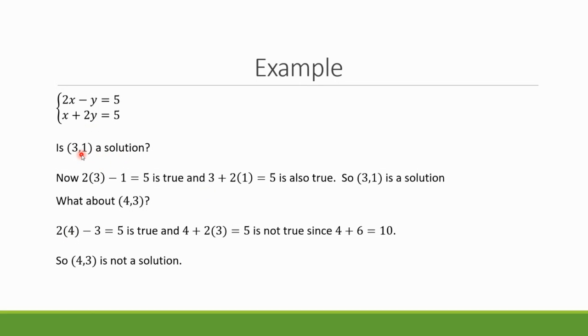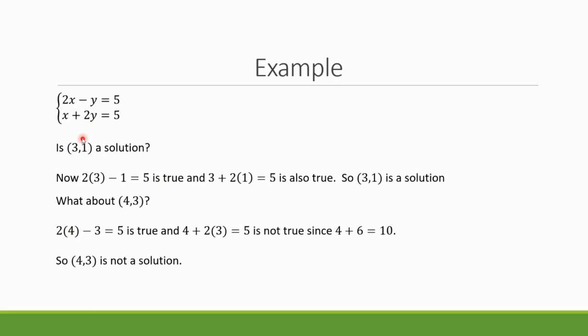Remember, x is the first number, y is the second. So if x is 3 and y is 1, are the equations true? That's really what we're asking. 2 times 3 minus 1 should equal 5. Well, we get 6 minus 1, and we get 5. That's true, so that's good.